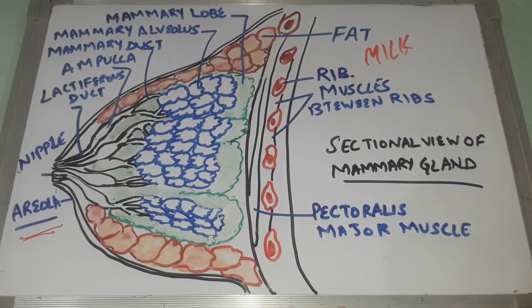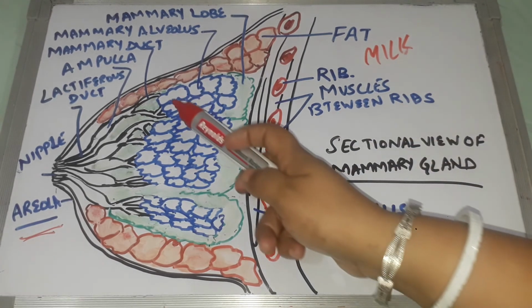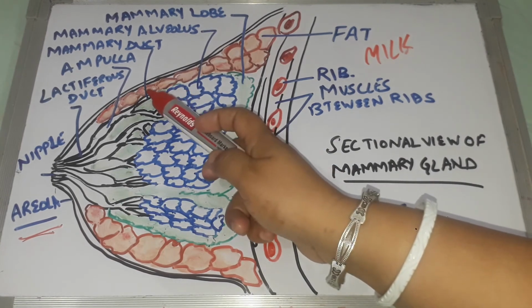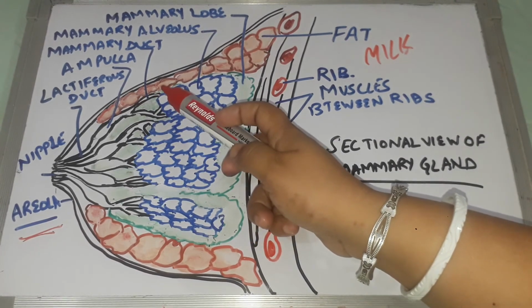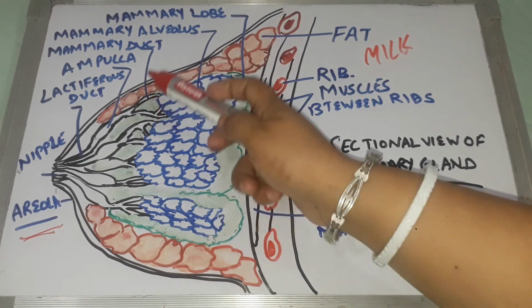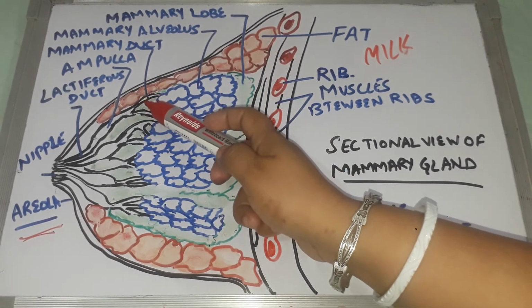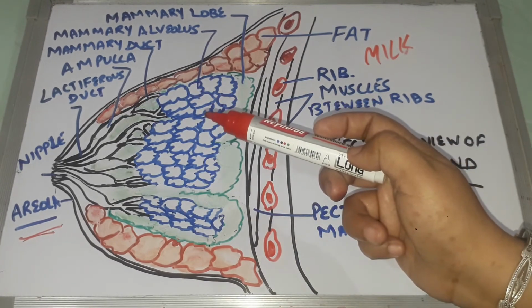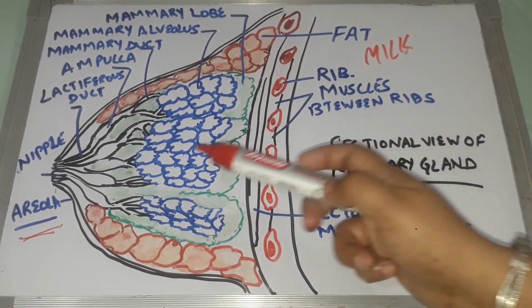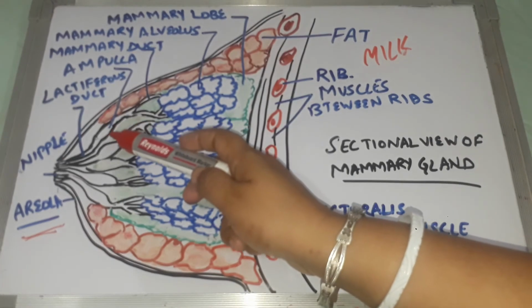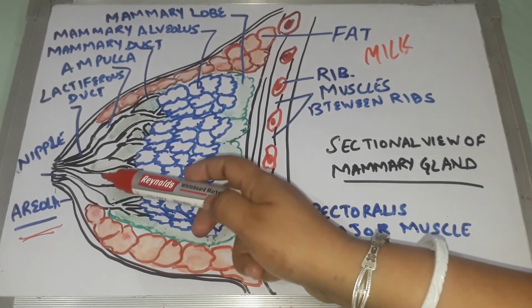Right? So when milk is produced, it passes from the alveoli into the next part, which are the mammary tubules, and these mammary tubules will now open up into the mammary ducts, right? Mammary ducts expand to form mammary ampullae. You can see certain swollen structures like over here.